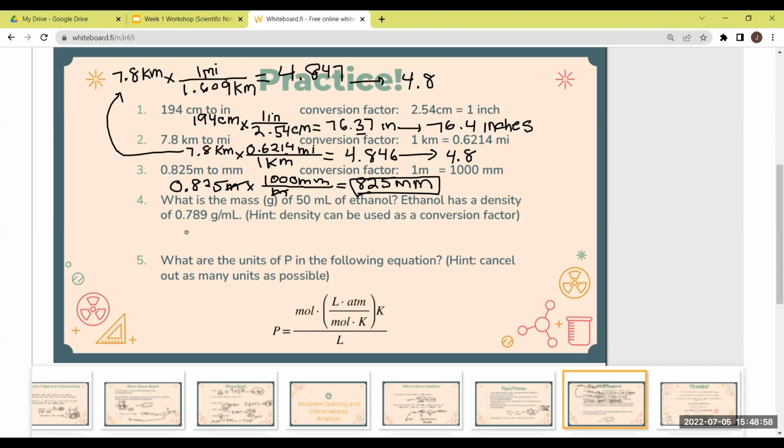Number 4, what is the mass in grams of 50 milliliters of ethanol? Ethanol has a density of 0.789 grams per milliliter, so we can use density as a conversion factor. I'm going to write down our given. We have 50 milliliters of ETOH, which is just ethanol.